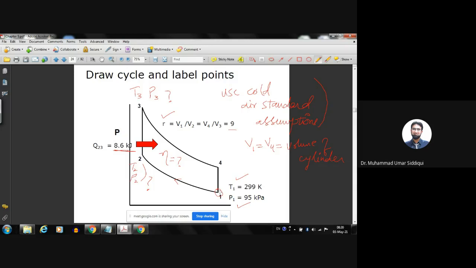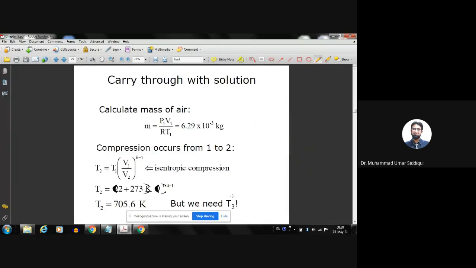Since we know V1, we can find the mass flowing throughout. Because we know the temperature and the pressure, and since it is air we can use ideal gas conditions, PV equals mRT. We know P1, V1, T1, and R for air, so we can find the mass of the air.